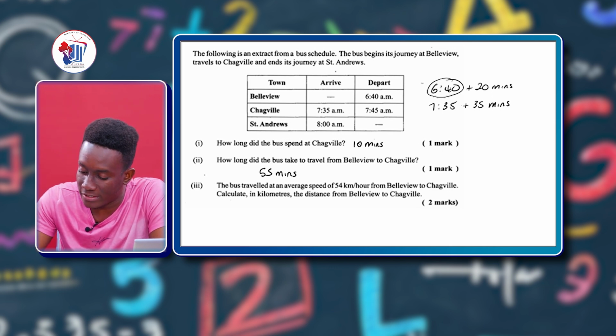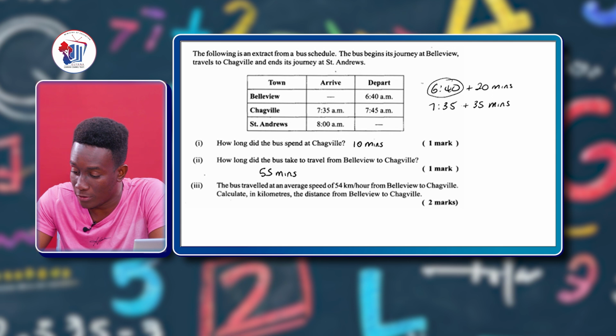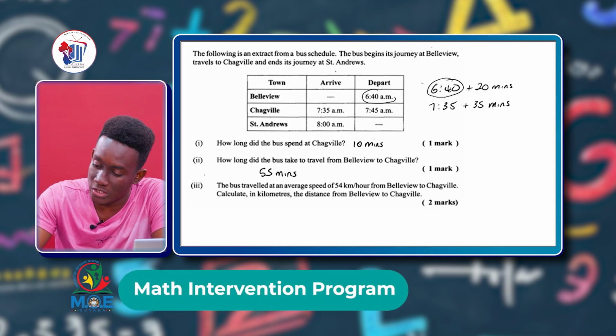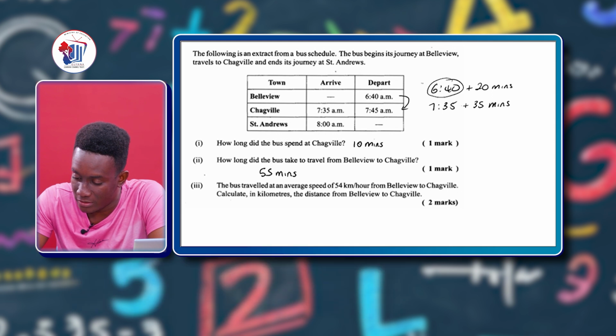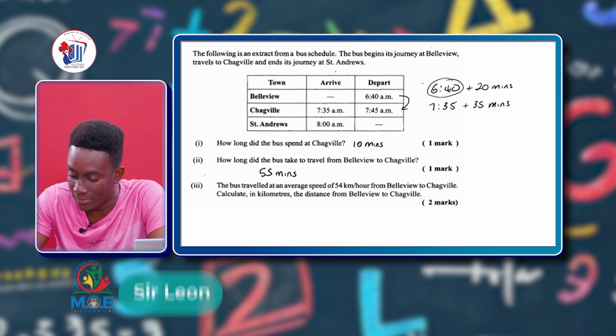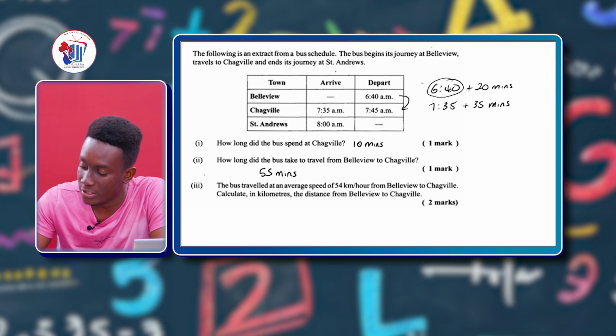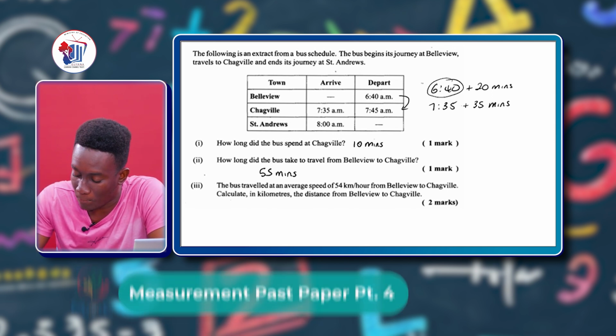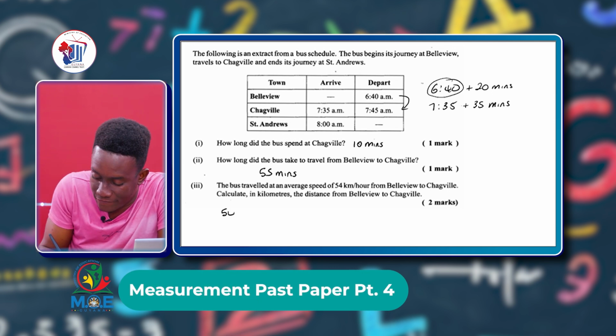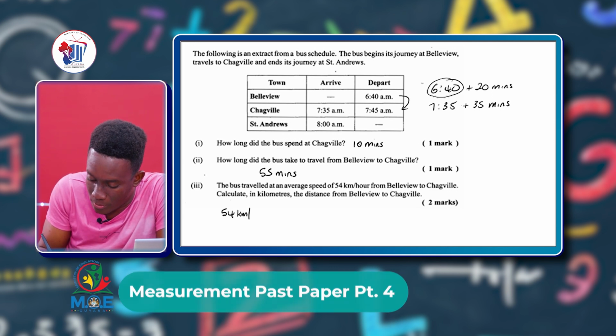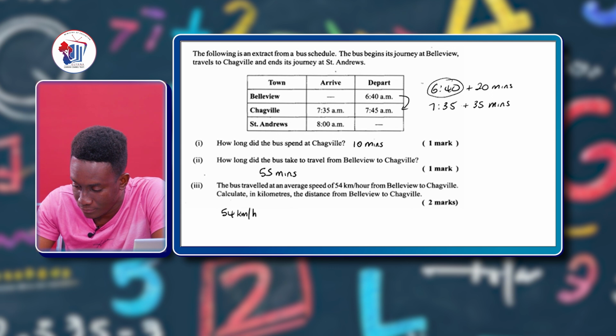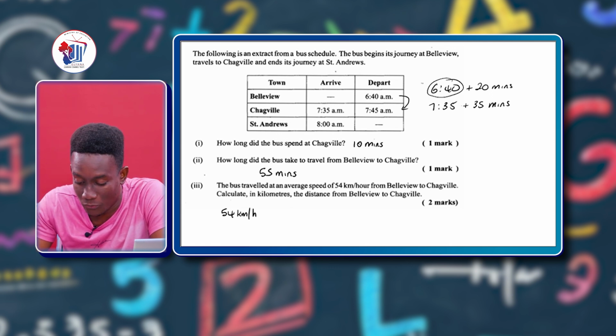So first things first, we see the speed is 54 km per hour. That means for every hour they will travel 54 km.